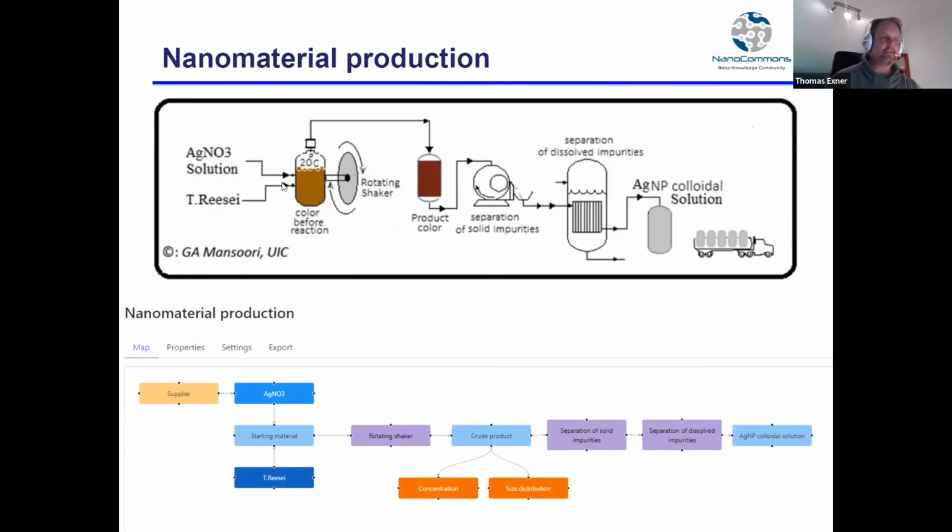Add here that this is at 20 degrees. You would add another kind of measurement or data field where you say, okay, this is 20 degrees, or whatever the actual temperature was, and then probably also the color before and after the reaction. These kinds of things could all be mentioned in the instance map.